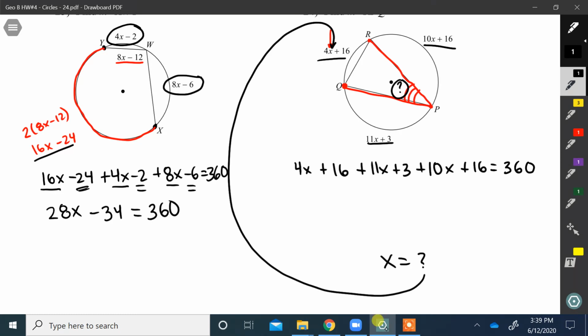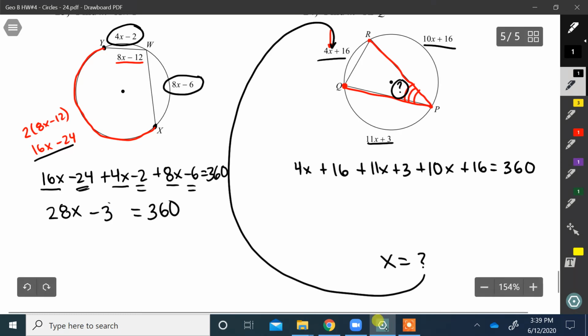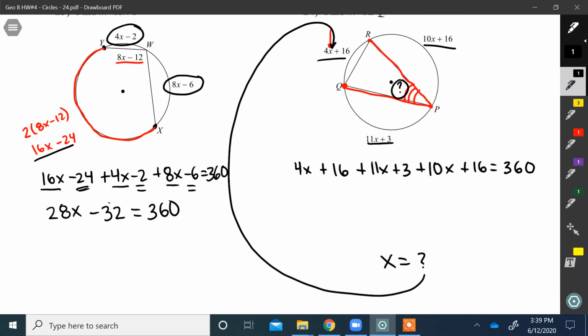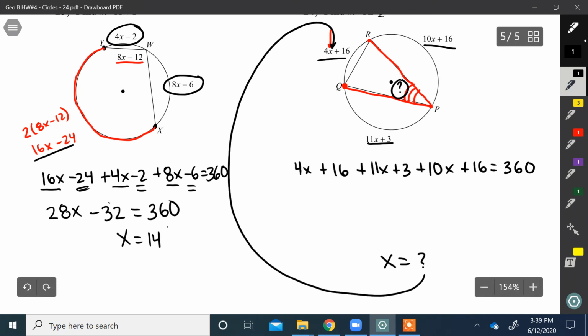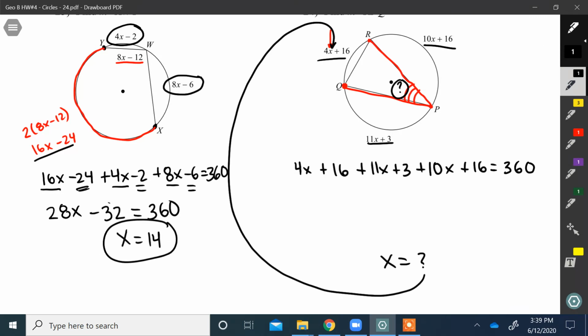Oh, okay, so this right here should be 32 instead. Negative 24 minus 2 minus 6 should be 32 instead. The way I noticed that it was wrong is because I got a decimal and I'm not supposed to get a decimal. So now I'm good. So x is equal to 14. Okay, I added 32 on both sides and then I divided by 28.